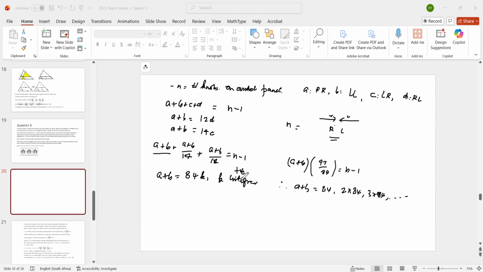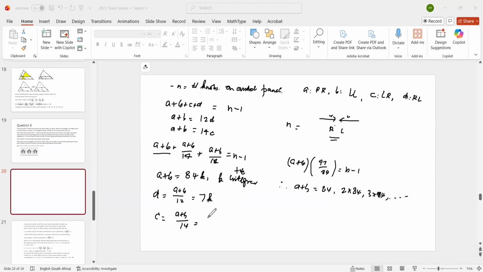Now, where are we now? How does this help us? So therefore, you got D is equal to A plus B over 12. A plus B is 84K. So if you divide that by 12, you get 7K. And C is equal to A plus B over 14. There.